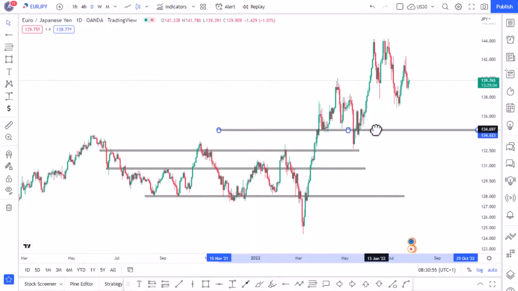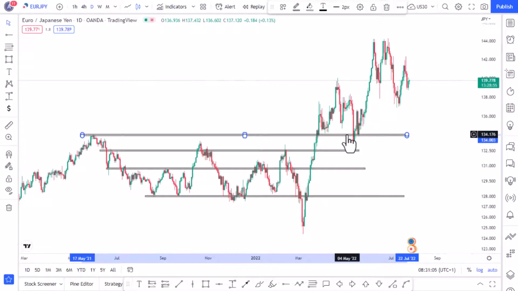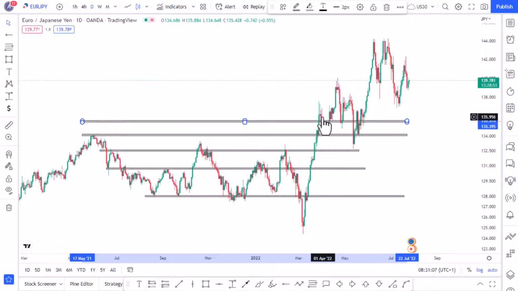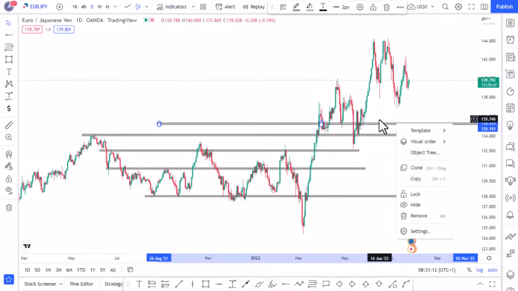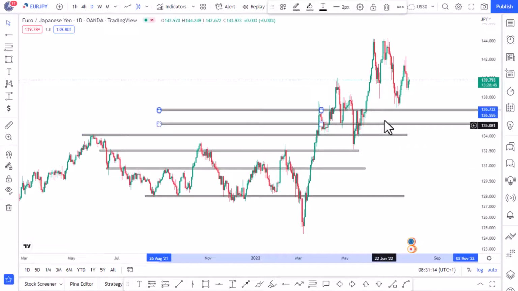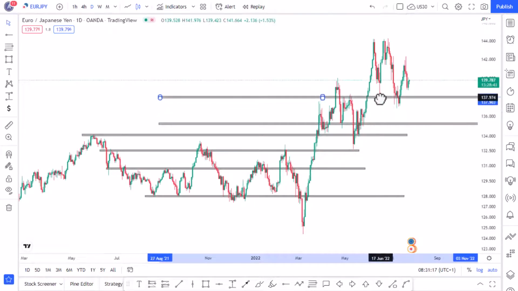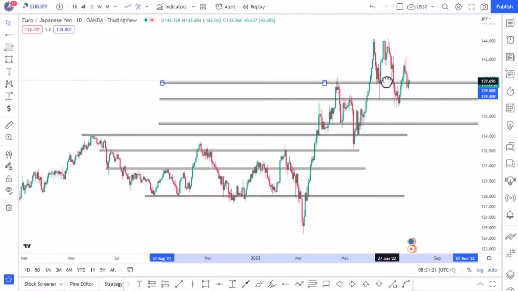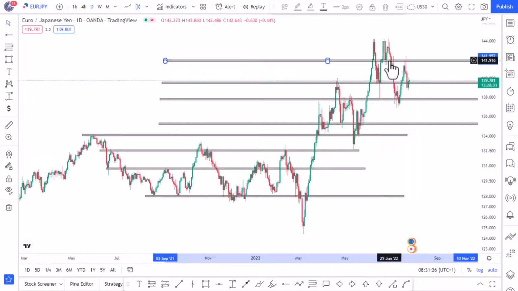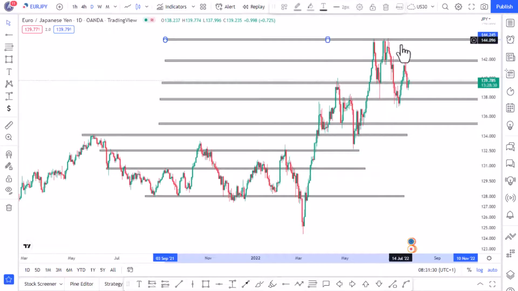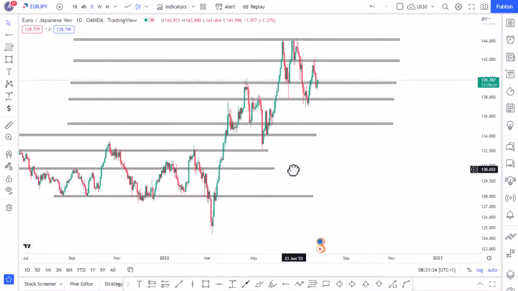We have this zone. We have this one as well. We draw all our significant zones. Here's another one, another one, and also this one. Once we've established these, we then go to our entry time frame, which is the 1 hour time frame.